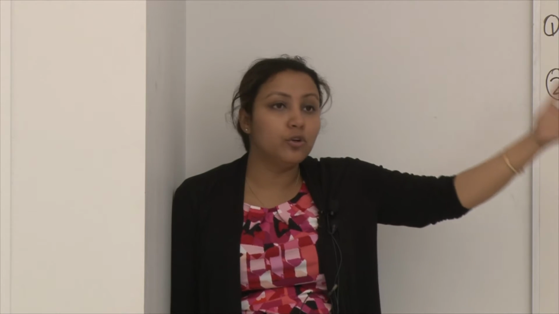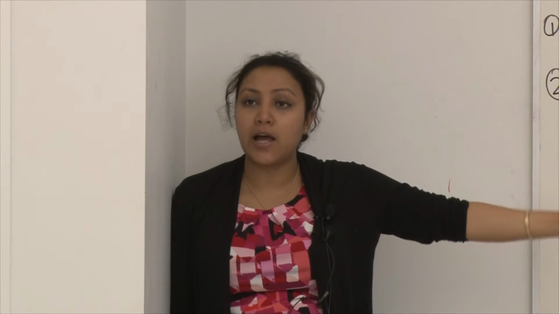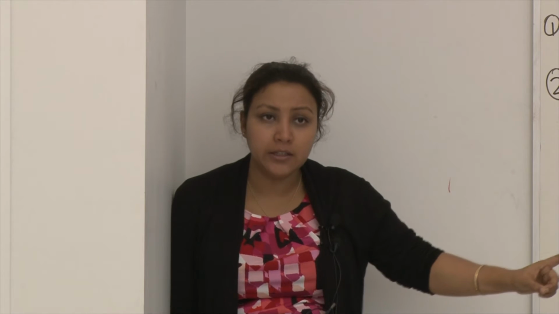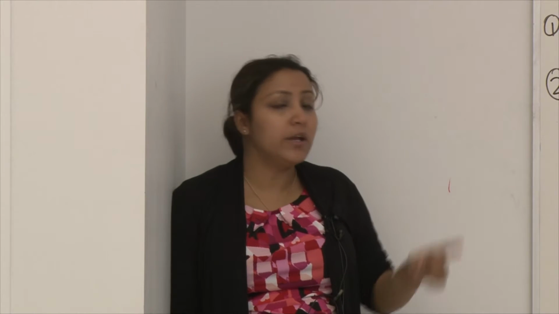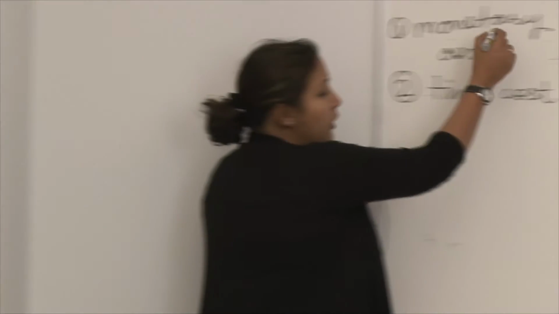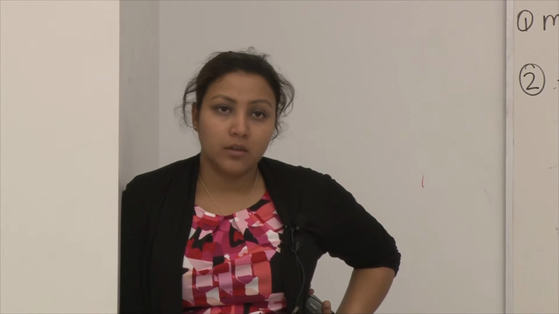So you need to travel to a certain doctor, so there is commute time, you need to wait in line, you need to make an appointment, so there is also that time that is involved. So you are not just putting in money for your treatment, but you also invest time for your treatment. So the actual cost that you incur for any health problems is not just that monetary cost, but it is the monetary cost plus the time cost. That is your real cost of treatment. Okay?